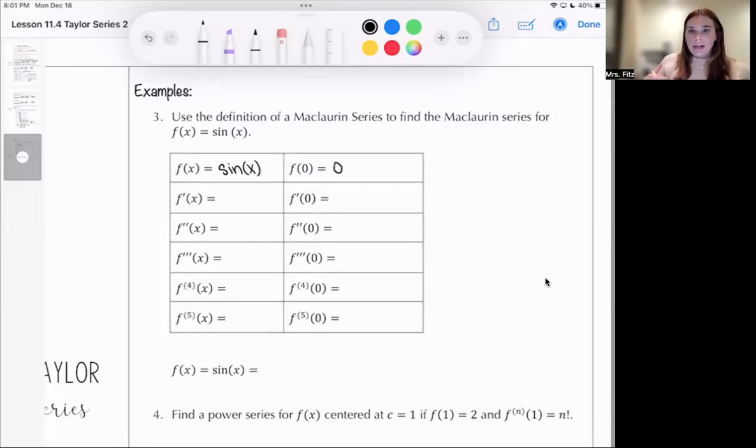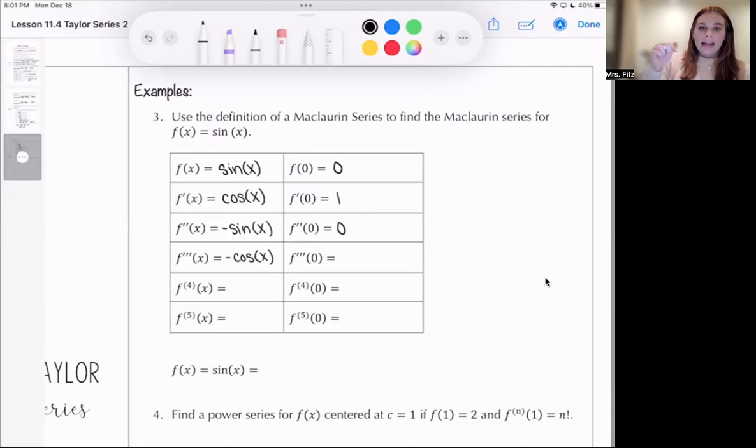And then we're just going to go down the line and take derivatives. So the derivative of sine of x is cosine of x. Cosine of 0 is 1. Derivative of cosine of x is negative sine of x. Negative sine of 0, still 0. We have f triple prime of x. So the derivative of negative sine of x is negative cosine of x.